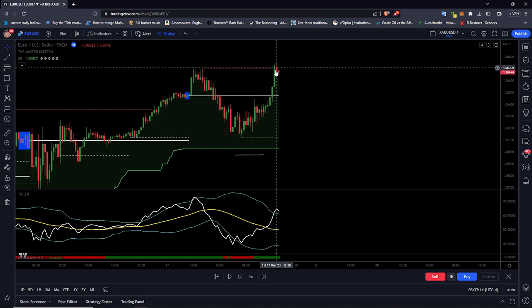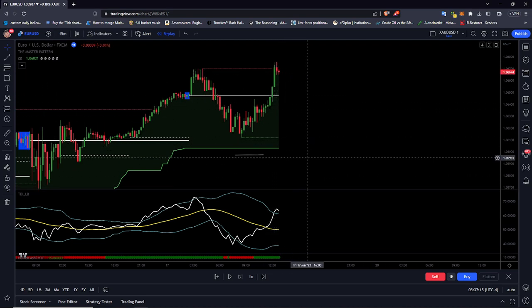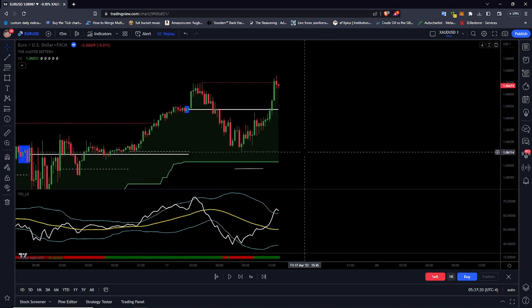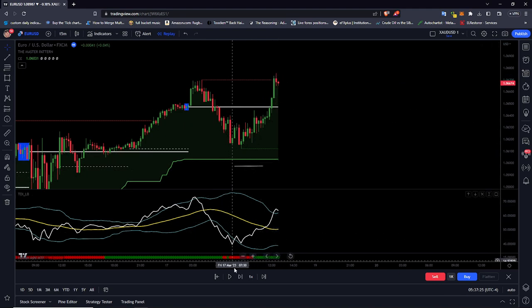Okay, target hit. You have to close at least 80%, right? We never know when price is going to reverse, and we are having a shark fin there, hitting the liquidity.